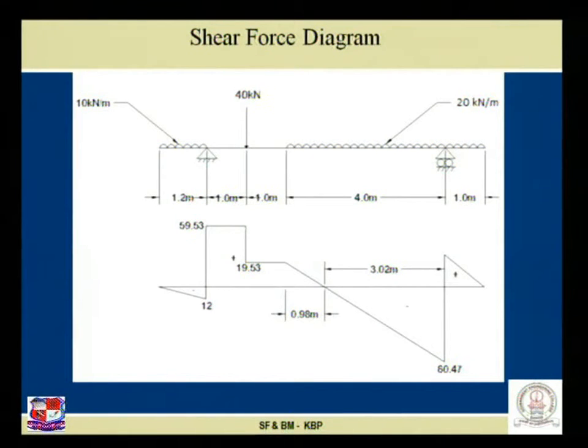Now let us go ahead with plotting the bending moment diagram, the part which remained from the previous lecture. So let us come to the tabletop. The given beam is an overhanging beam.